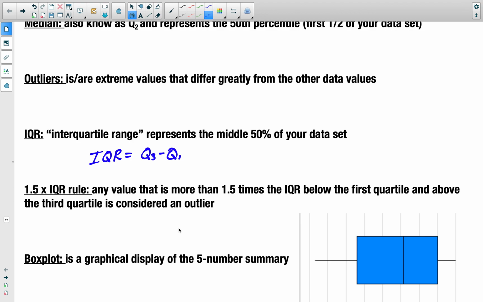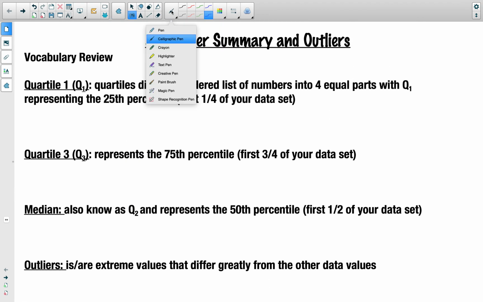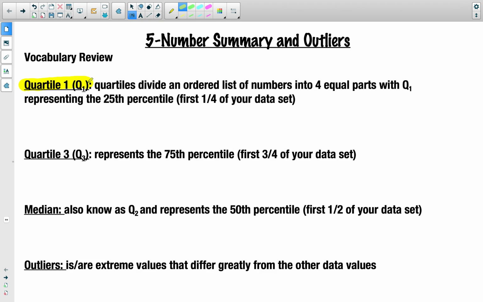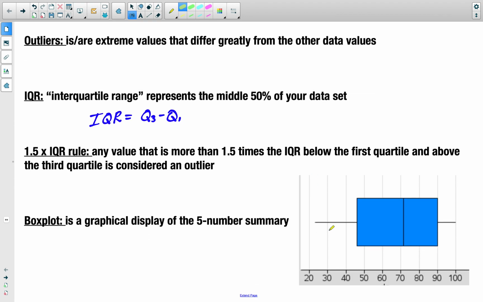So let's now put some visuals to what we just did. Quartile 1, I'm going to highlight that and let's go yellow. All right, so let's say that these are test scores. So here's my lowest test score, and I'm going to stop right here at the beginning of the box.